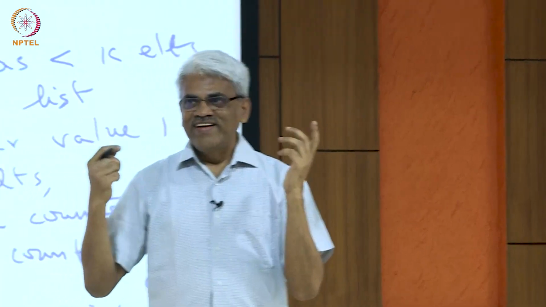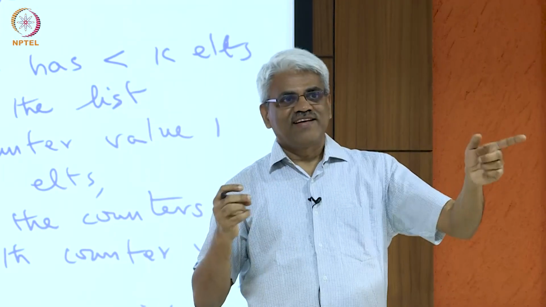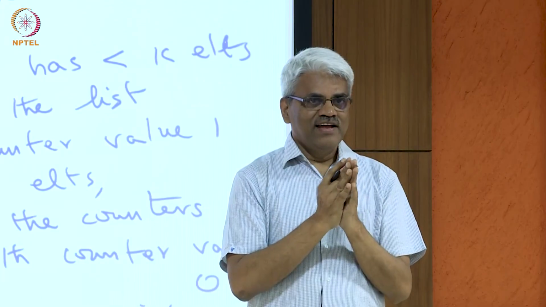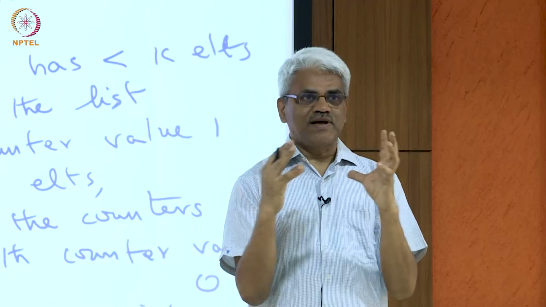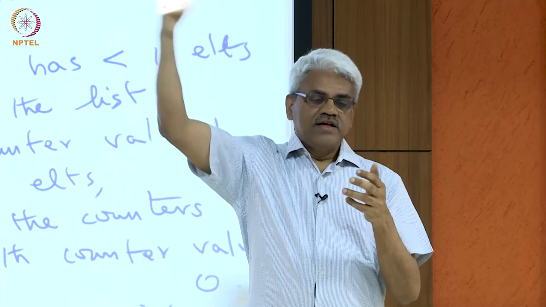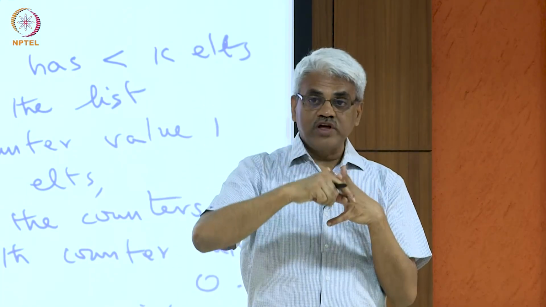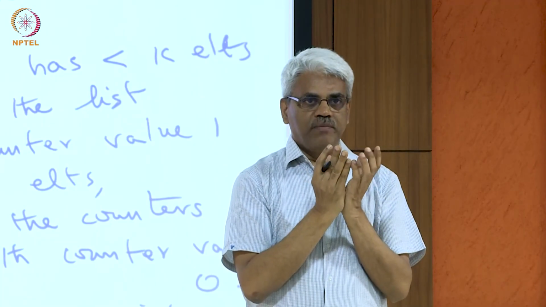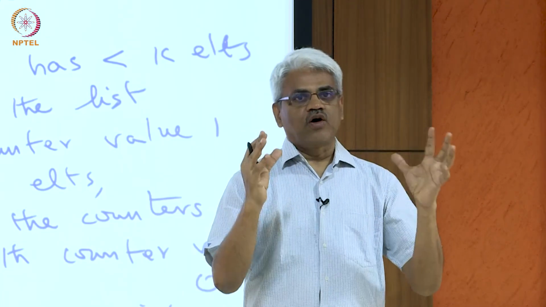This is a revision of your basic data structures. So my question is, how do you maintain this sublist so that you can search? Because I want to know whether this y is equal to some xi, and if it's not equal, then I also want to insert it. So what data structure do I need to maintain so that I can insert and search in logarithmic time?